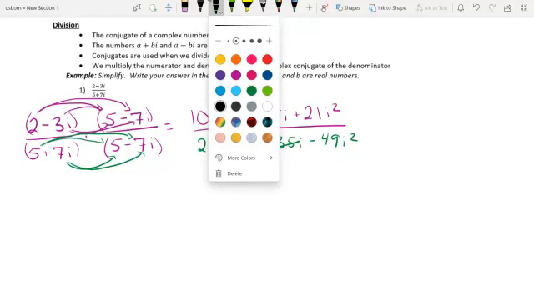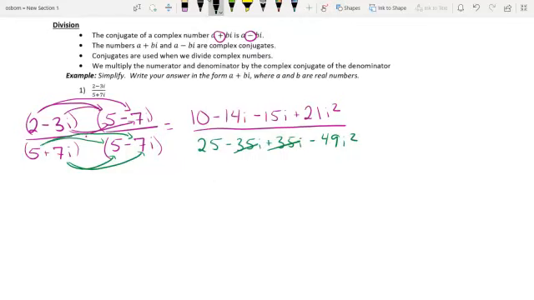Alright, so now what I'm going to do is combine my like terms where possible and rewrite the i squared as negative 1. So in the numerator, that gives me 10 minus 29i plus 21 times negative 1 over 25 minus 49 times negative 1.